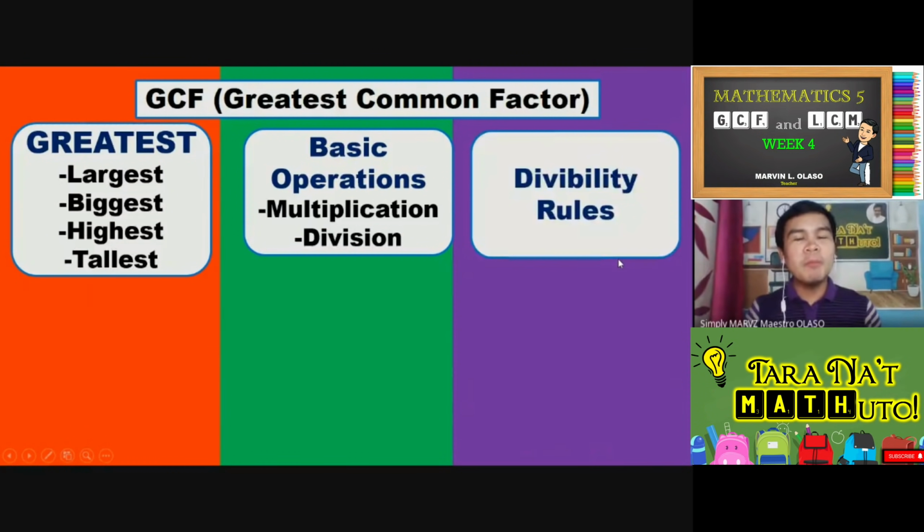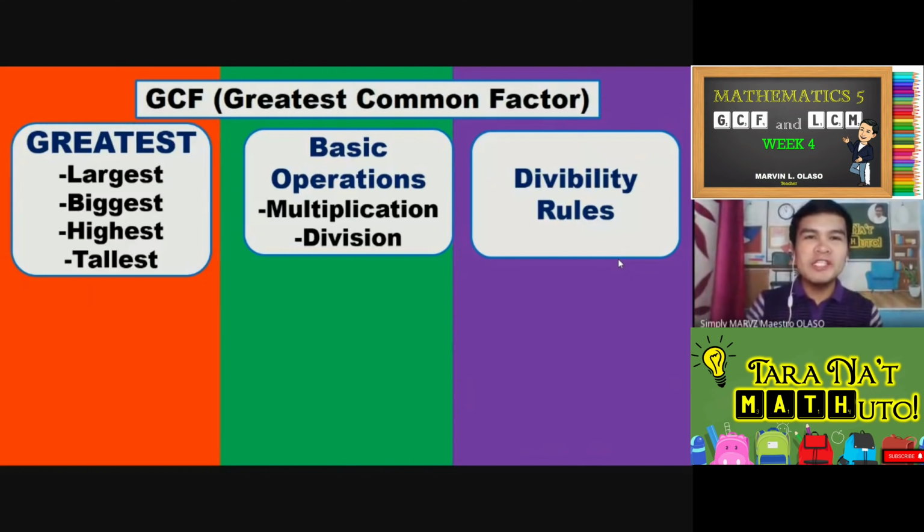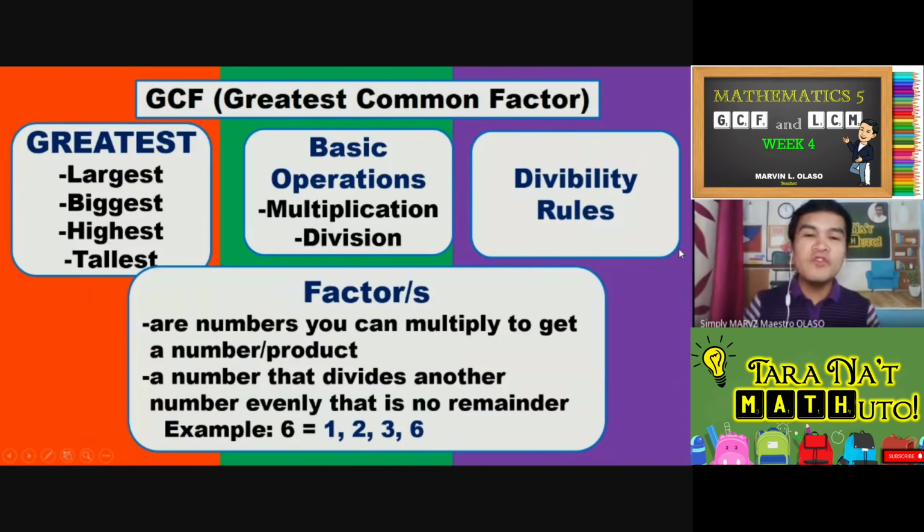And we can also apply what we have discussed on our week 1 and week 2 all about divisibility rules. So wag niyong kakalimutan yung mga rules para pag nakita niyo yung numbers, alam niyo kung ano yung mga numbers na pwede nating i-divide. And of course, let's get to know first what do we mean by the word factor or factors.